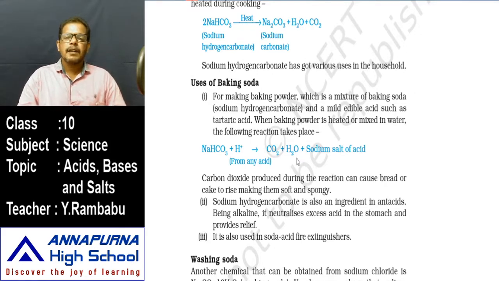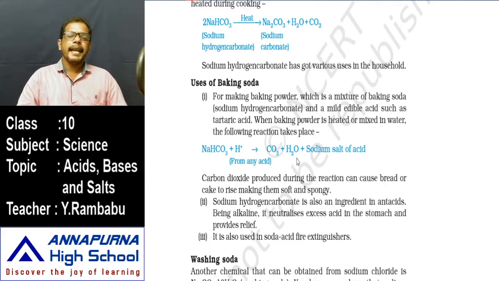In this case, tartaric acid is produced from plant products, that means from vegetable seeds. This acid is extracted. That's why it is called a mild edible acid. When this mixture of mild edible acid and sodium hydrogen carbonate, called cooking soda, is made, that is called baking powder.